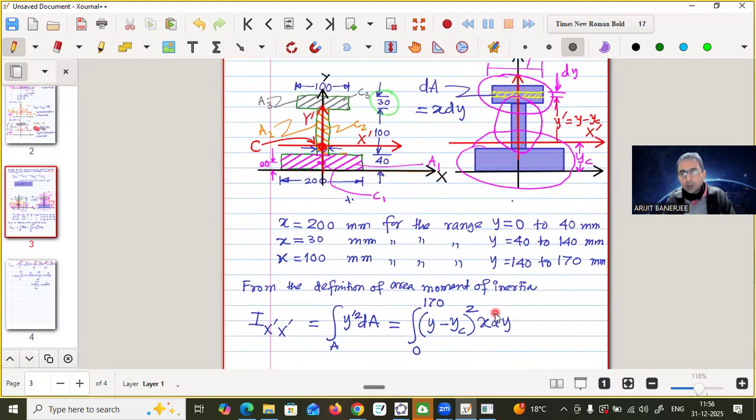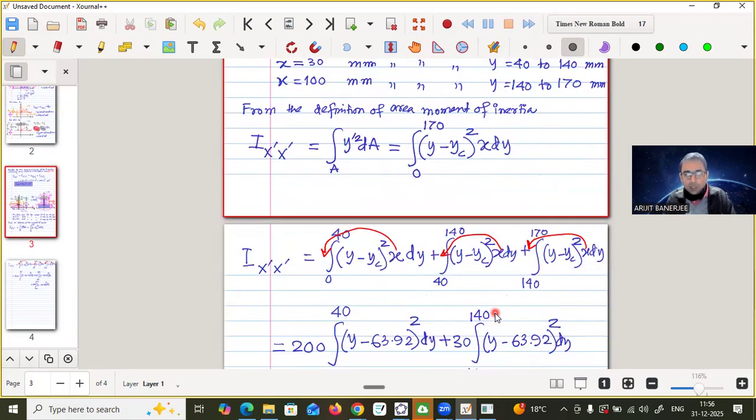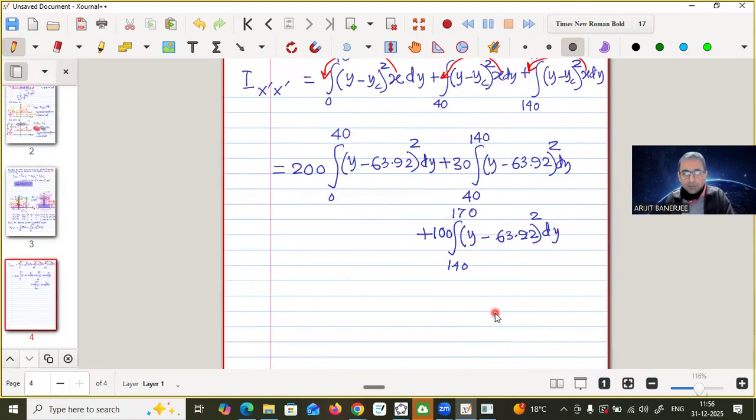One more thing you can do for easy calculation is that you consider y minus 63.92 as equal to y prime. So your dy will become dy prime. Clear?